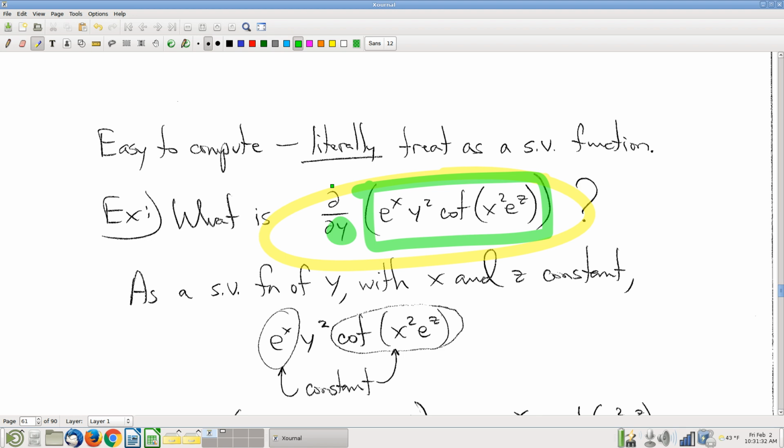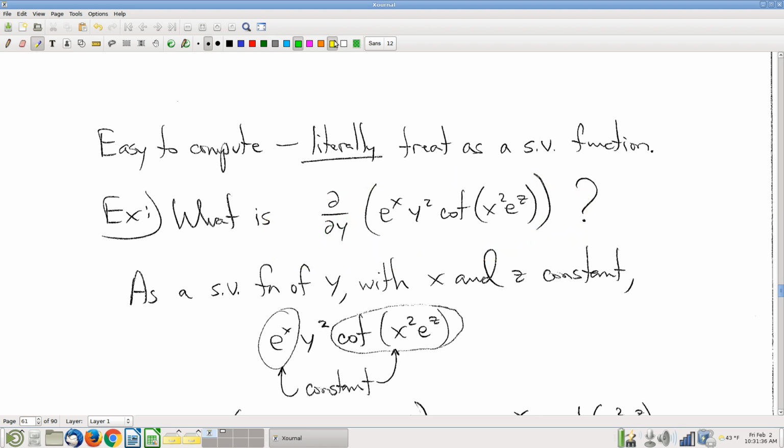But, in fact, you don't. If you look at this function, keep in mind the very first thing that we're going to do is consider all the variables other than y, everything else, constant. That means that e to the x is a constant, and cotangent of whatever that is, there's no y's in there, so that's all constant.